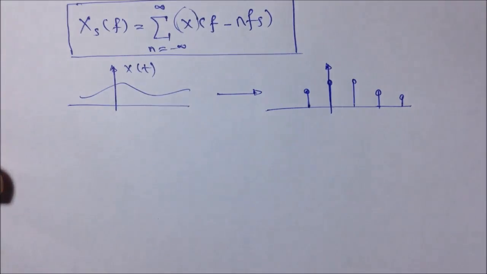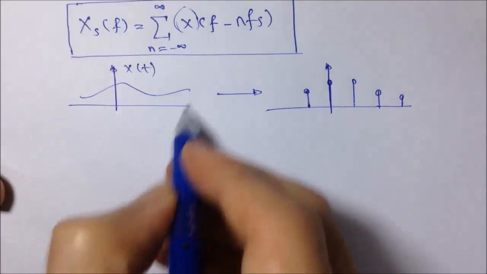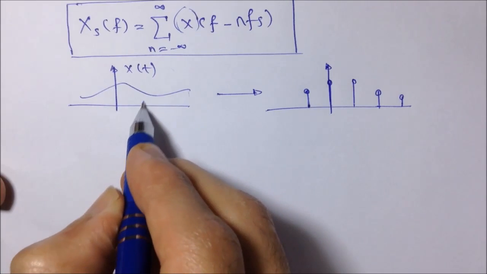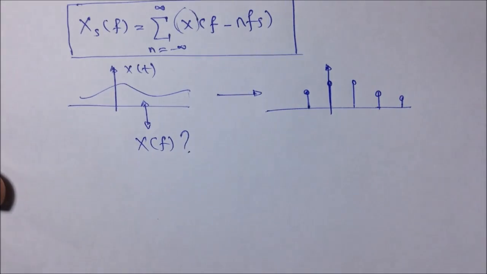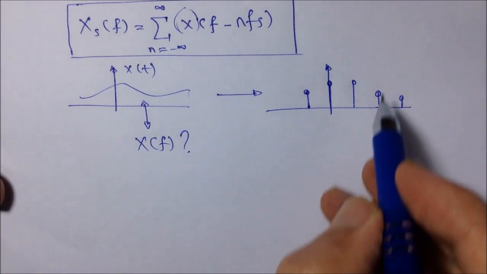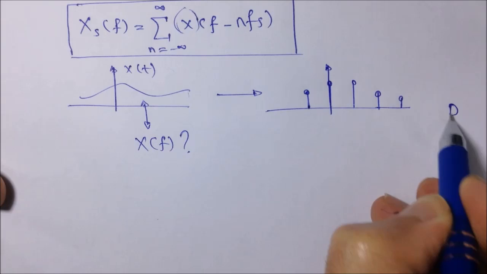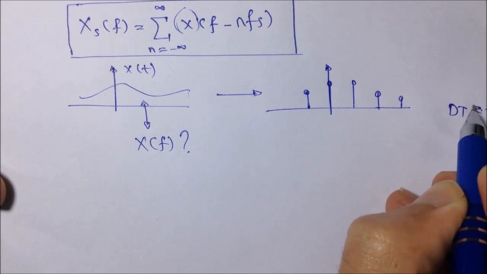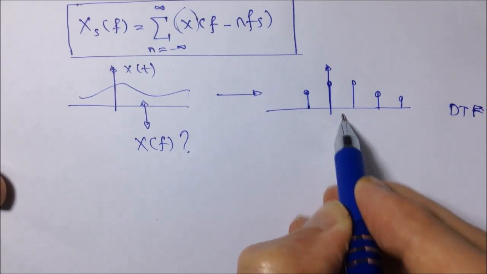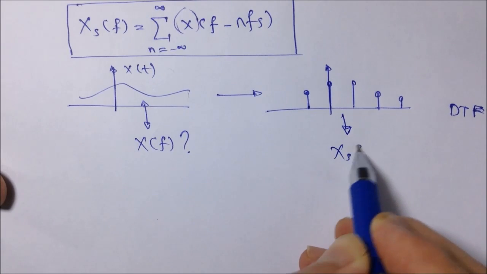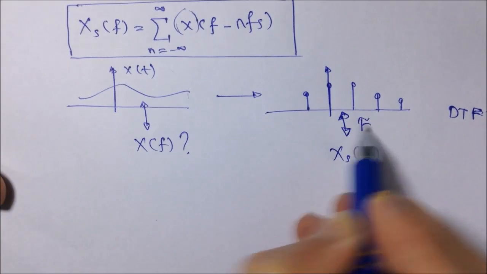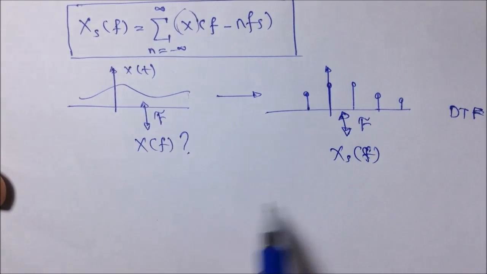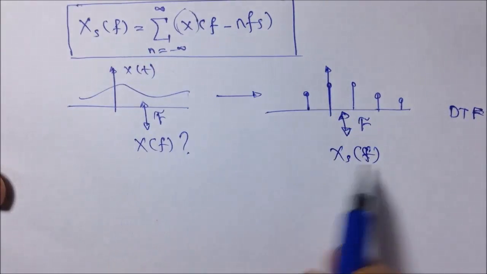Then in the beginning we needed the spectrum of this signal x of t, which is X of f. We don't know what X of f is, but we used the discrete time Fourier transform at a computer to evaluate Xs of f, which is the spectrum of the discrete signal. And here we have the relation between X of f and Xs of f.